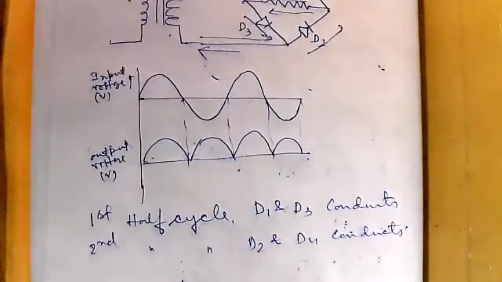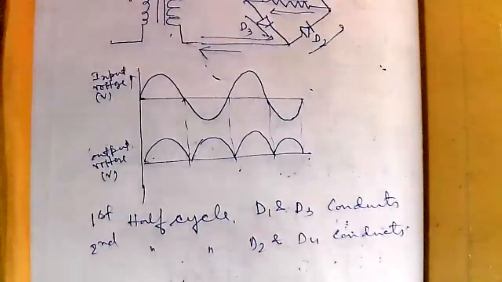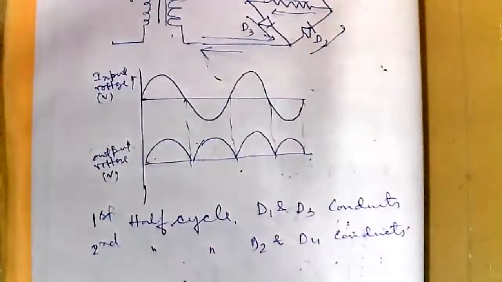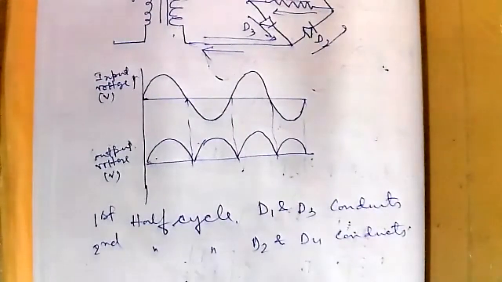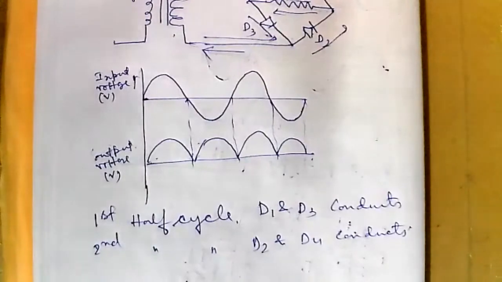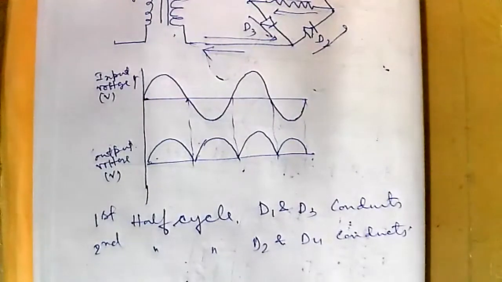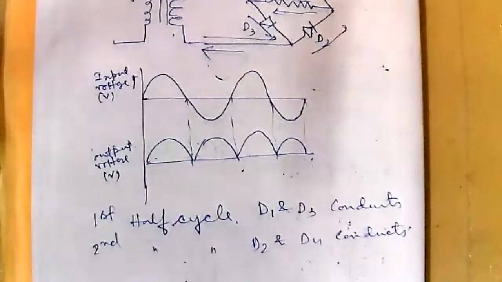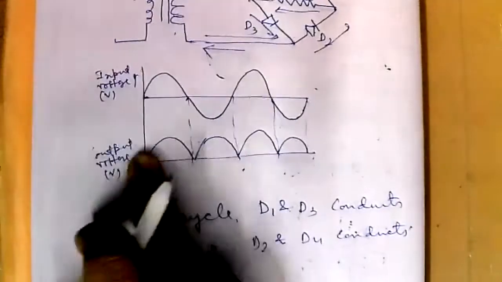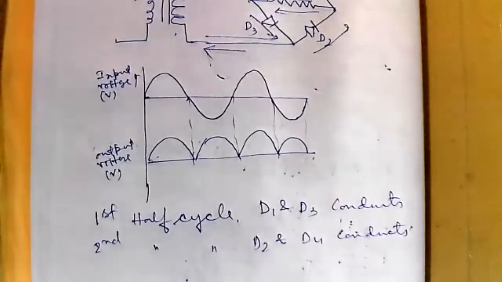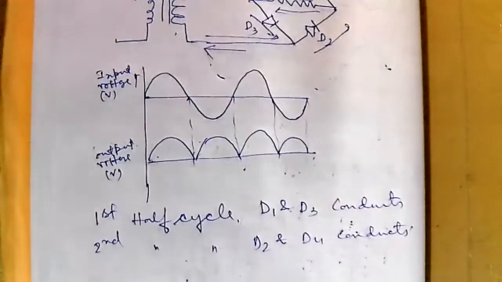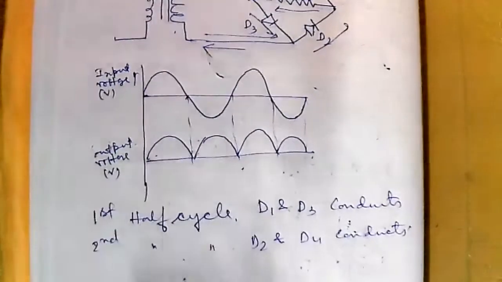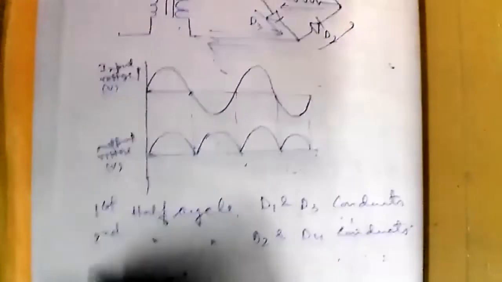So in this way, this bridge circuit can be used as a full wave rectifier, and here we are using the whole transformer. Now, as you can see, the output is direct, but it is not smooth. To make the output smooth, we need to use some kind of filter circuit.